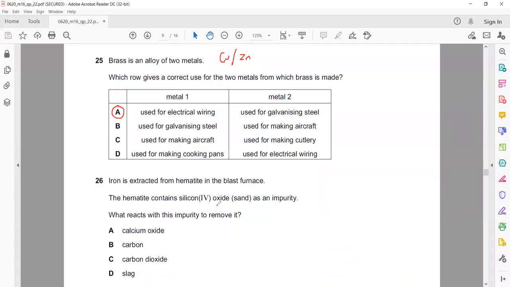The hematite contains silicon 4 oxide as an impurity. What reacts with silicon 4 oxide to remove it from the mixture?